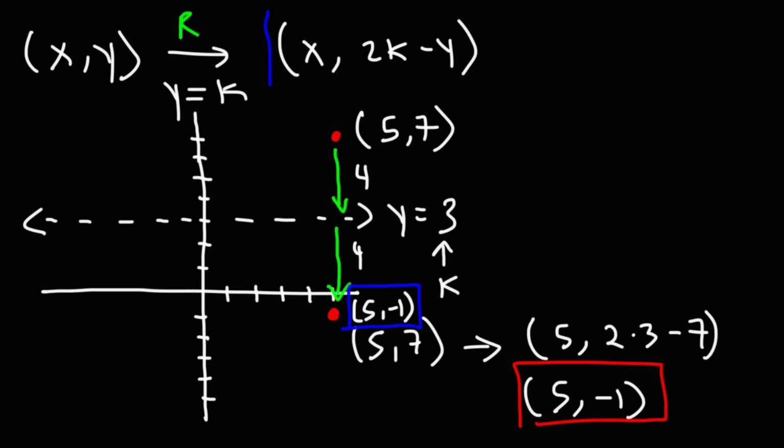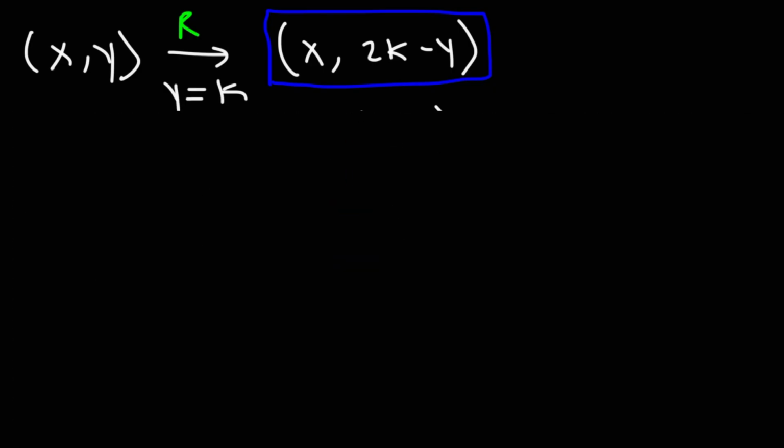So this is the expression that we need to use if we want to find the new point after reflecting a point across the line y equals k. Now let's say we want to reflect something across the x-axis.